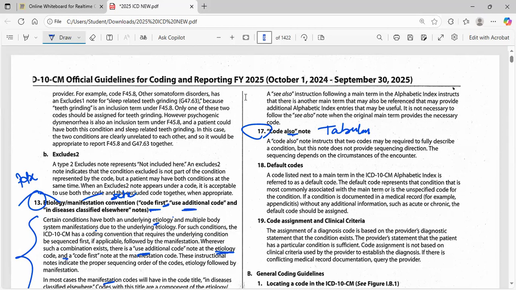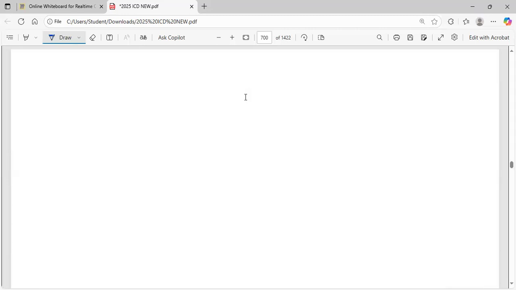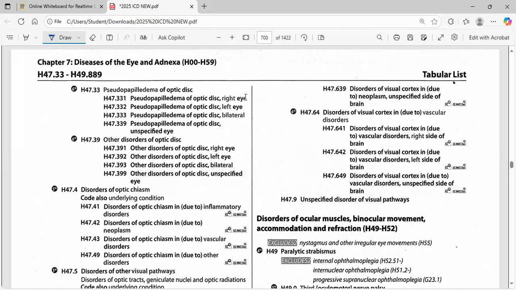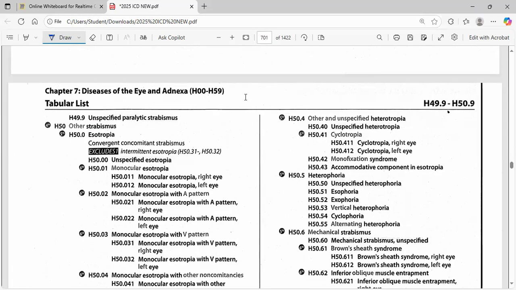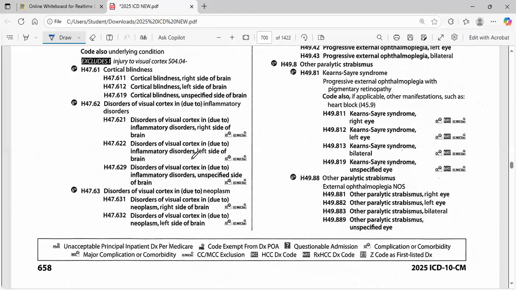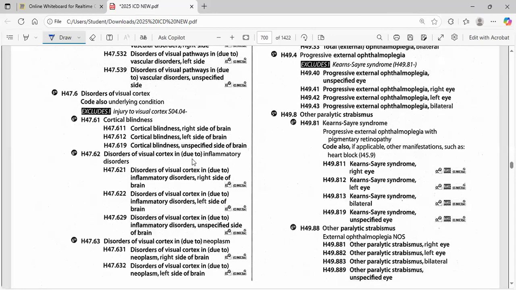So I'm going to pull an example if I can find any. You can see here, under H47.6, our book states "code also underlying condition".